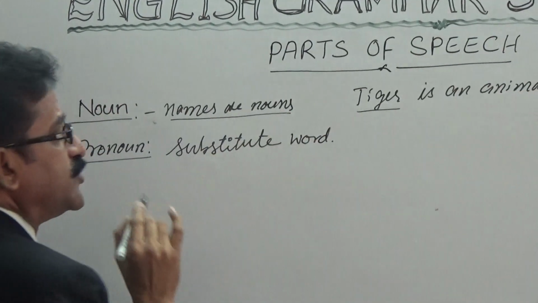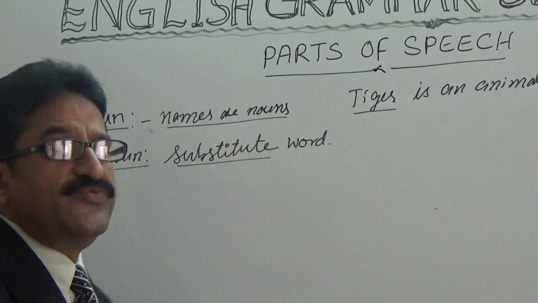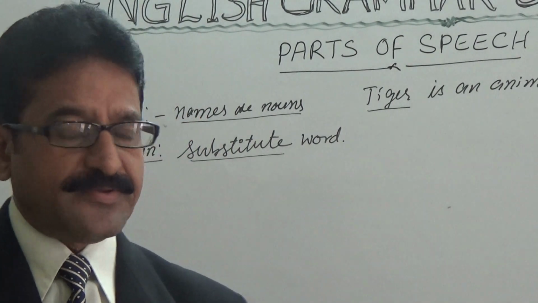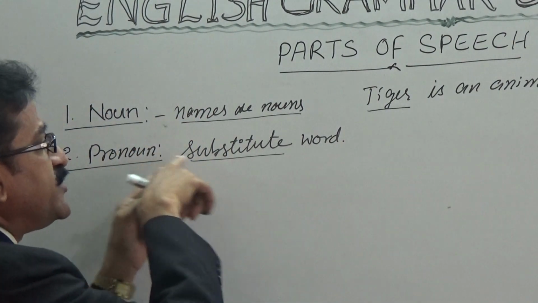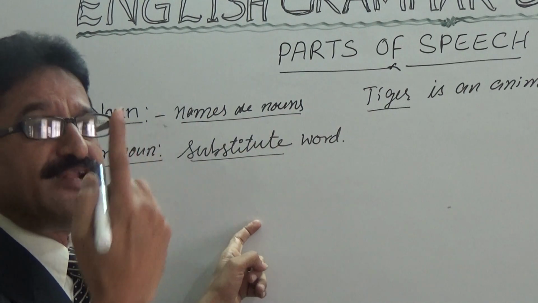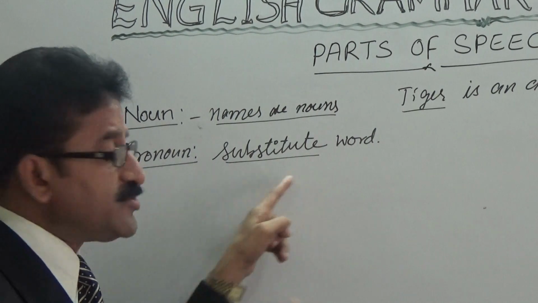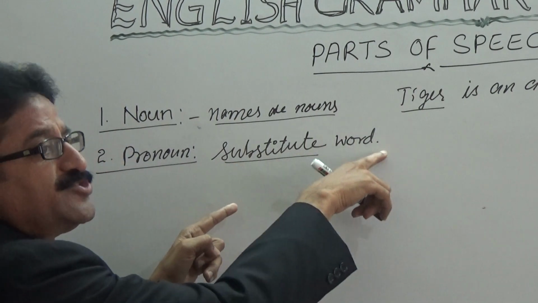A substitute is used in the place of something. So here pronoun is used in the place of a noun. That is why it is used as a substitute, so simply I mentioned it as a substitute word.